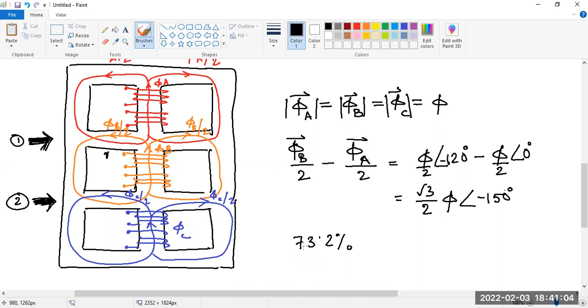Then we have to increase the cross section there, isn't it? So we have to increase the cross section of the central limb compared to the side limbs, and that is also not every time possible, because that involves design or manufacturing complexity.